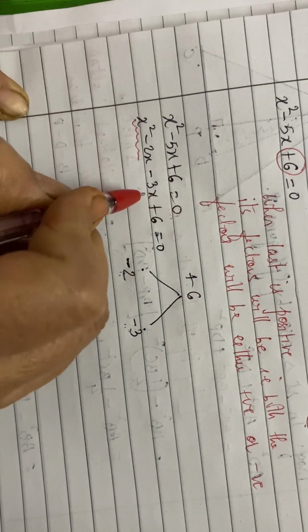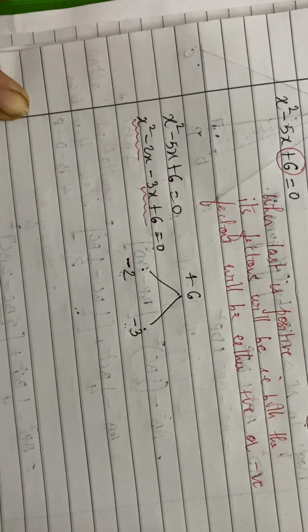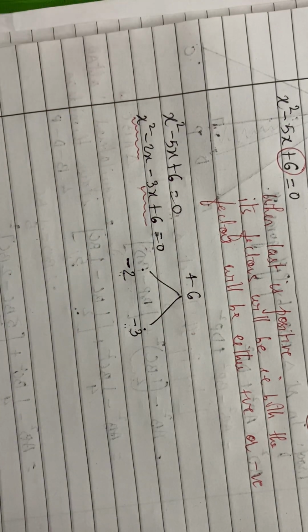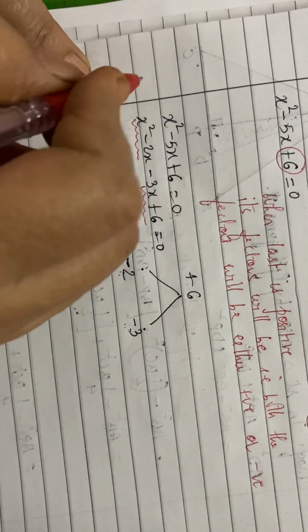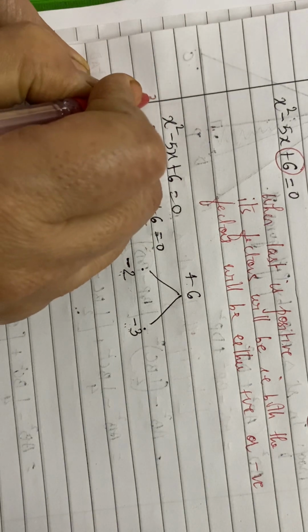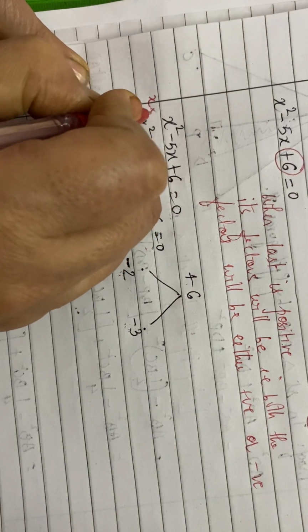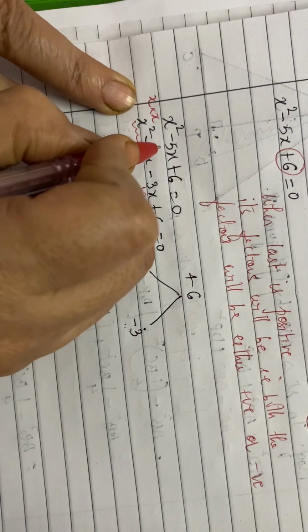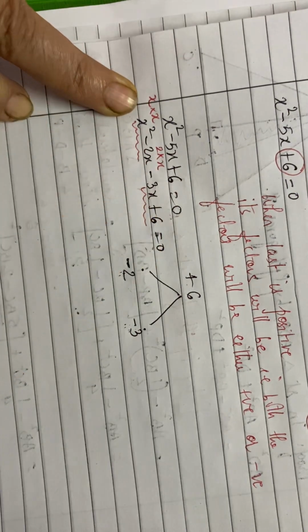This is one group, this is another group. Now from this group first, we will take out what is common. Taking out common, my dear students, you have to be careful. You should see that x square means x into x, and 2x means 2 into x.